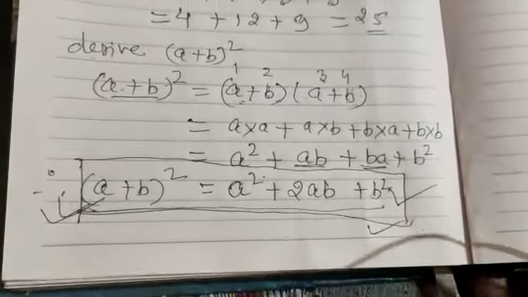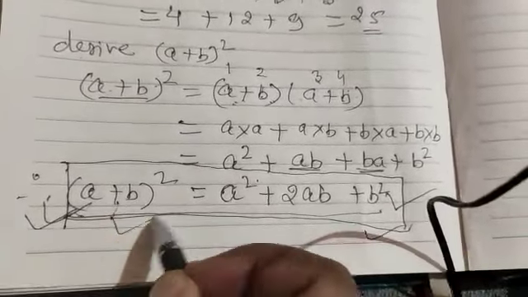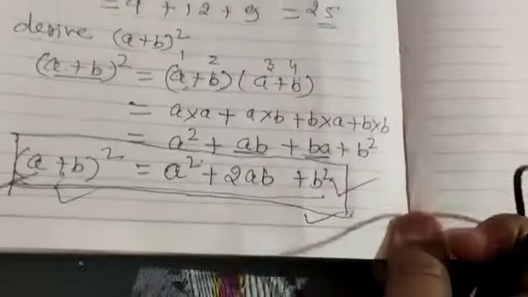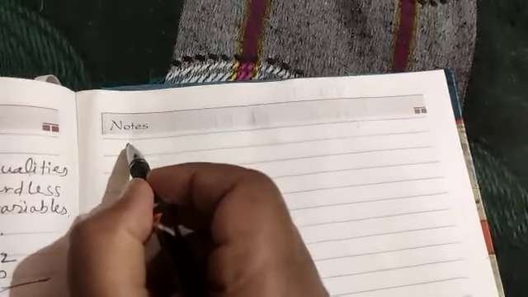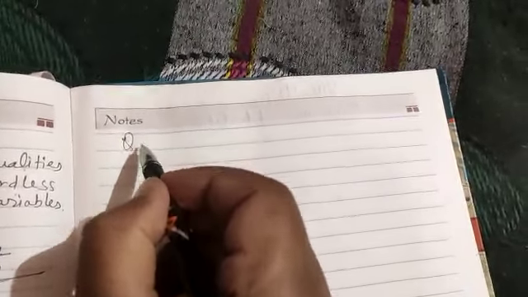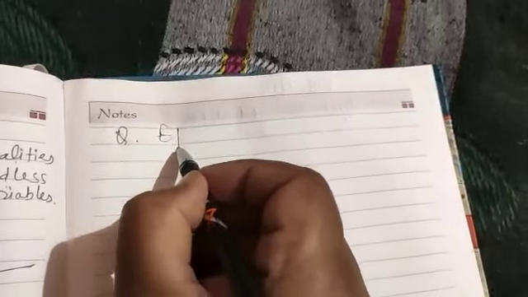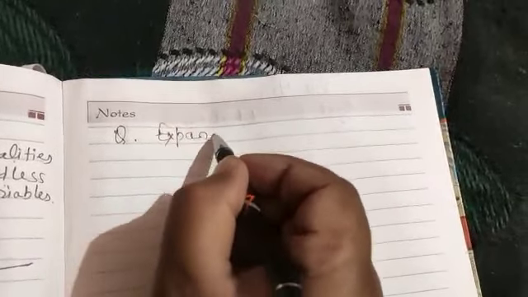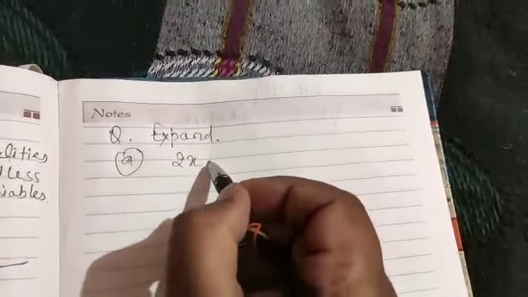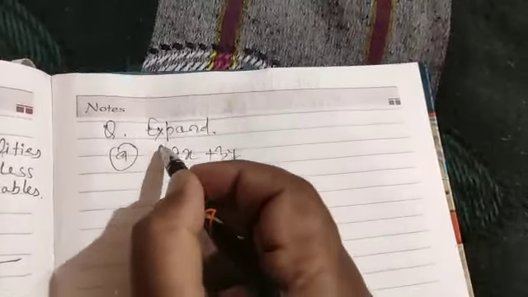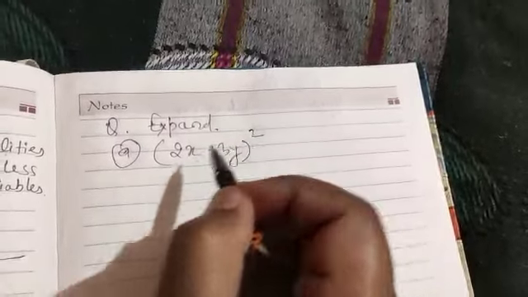So first of all, we'll try to use this formula, that means the expansion of a binomial expression, that is squaring a binomial expression. So the first question is: expand (2x + 3y) whole square.